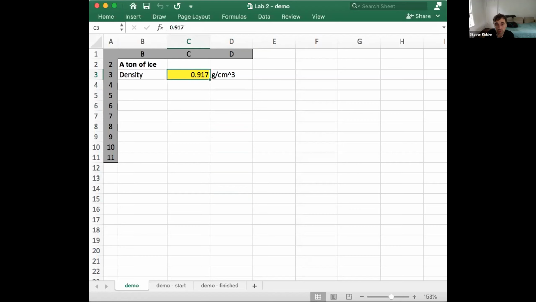We want to come up with our own answer, and at the same time we're practicing learning how to use Excel. So let's say that we know that density of ice is about a gram per cubic centimeters.